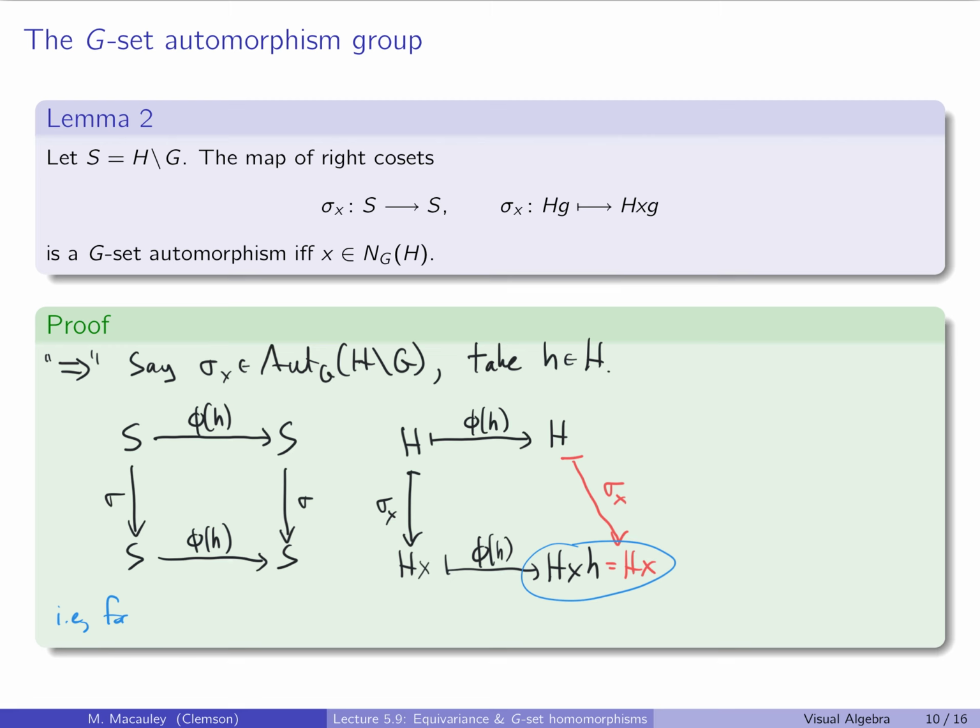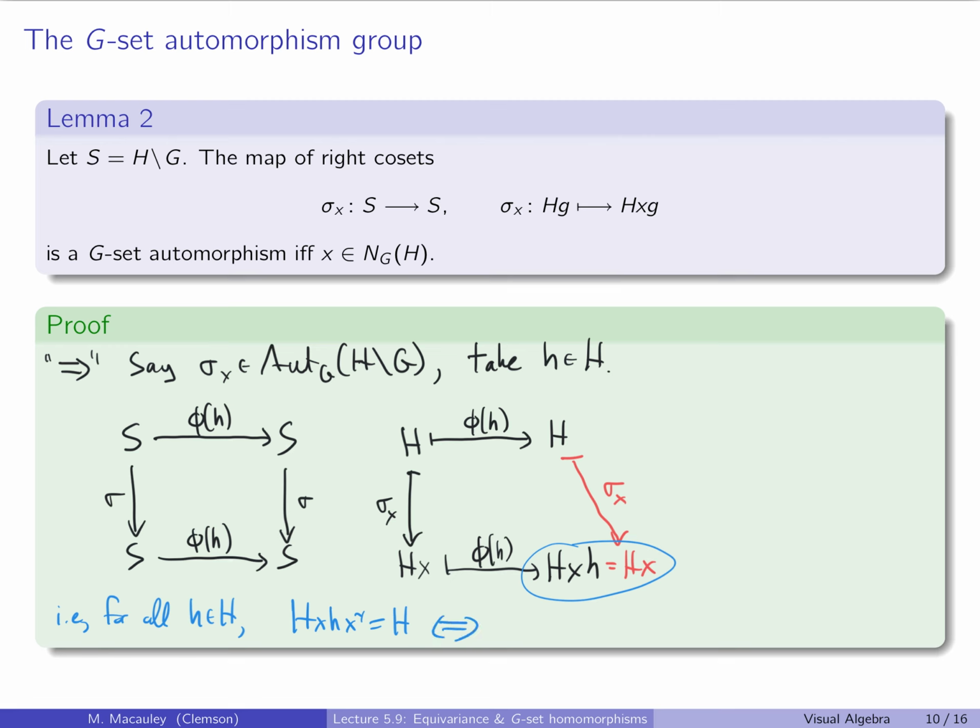I.e., for all elements little h in the subgroup, we must have Hx little h equals Hx. Well, let's first just move the x over here. So let's write this as H x little h x inverse equals H. And that's the same thing.